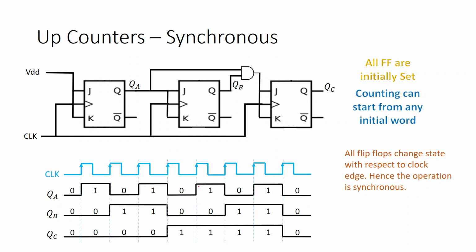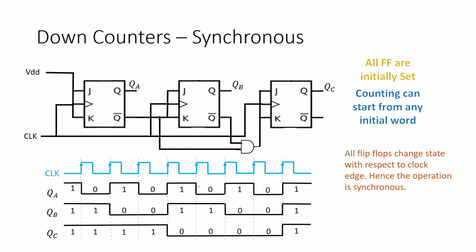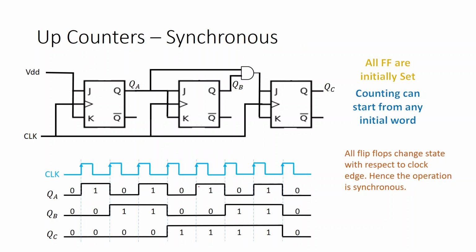Down counting operation: what do we need to change? The AND gate. We are still doing the toggling, right? We need to toggle when the previous outputs are 0. QA and QB are 0 means QA bar and QB bar are 1.